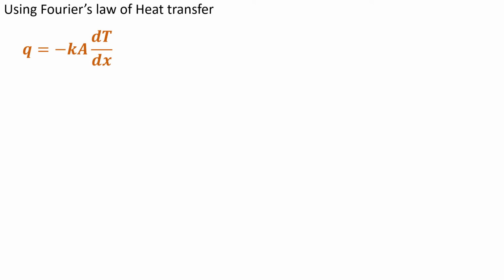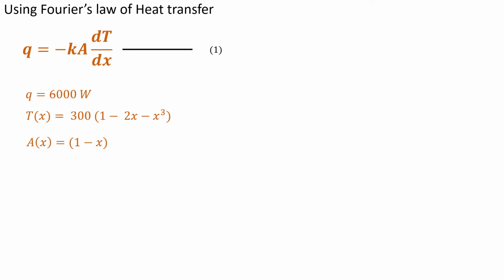In the problem statement, we have the value of heat transfer, which is 6000 watt. Temperature as a function of x is given, which is 300(1 minus 2x minus x cube), and area of the trapezoid as a function of x is given, and it is 1 minus x.